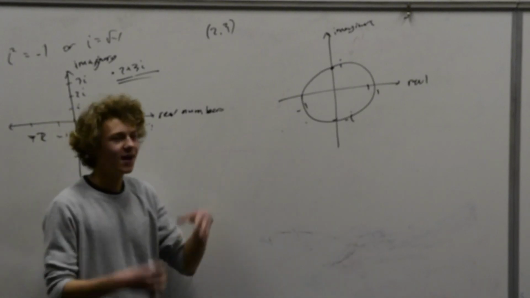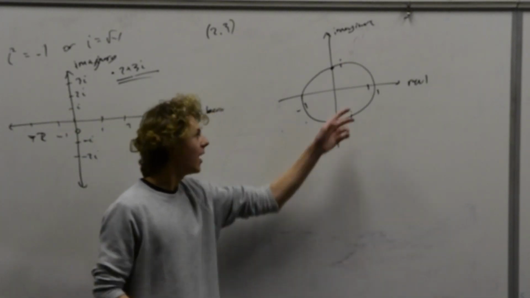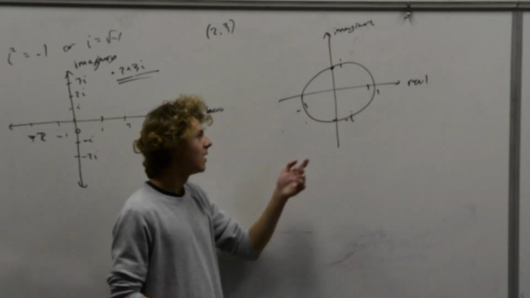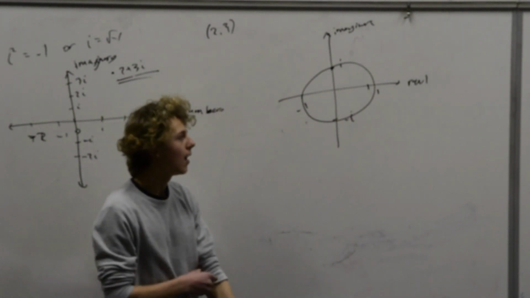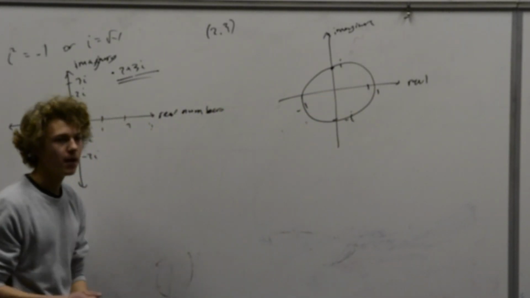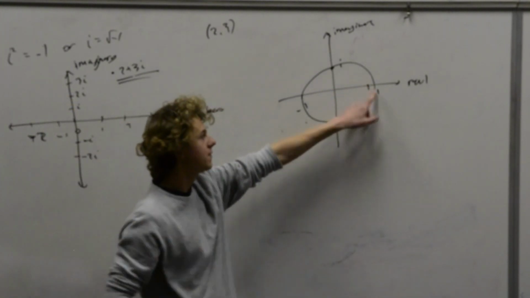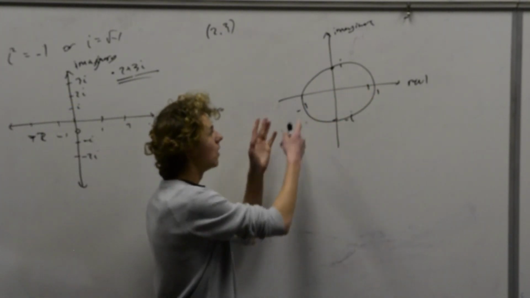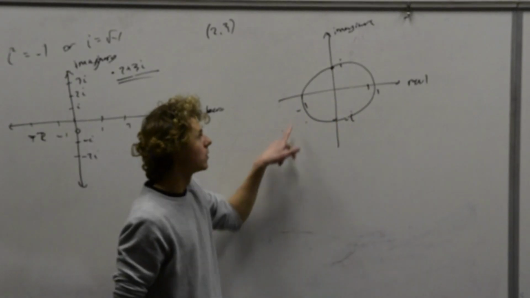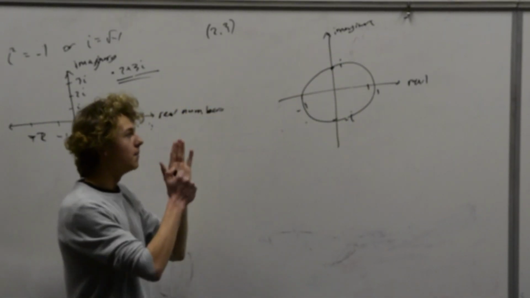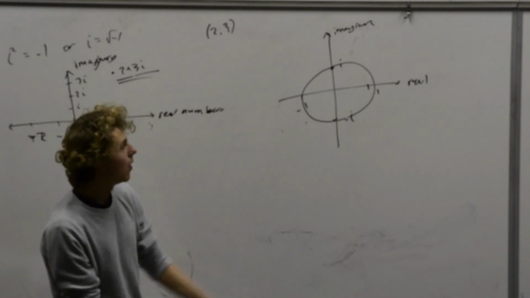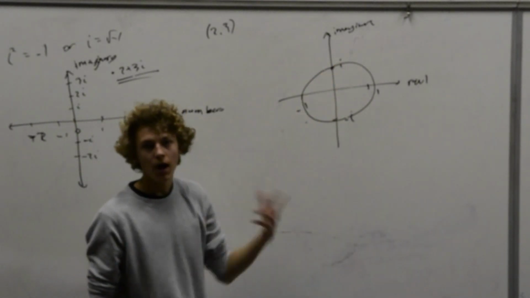This is not as intuitive at first, because how do we know it's a circle and not a square? I'll show that in a little bit. But all of these values that we can multiply a number by to rotate it a certain number of degrees, these four numbers, all lie on the unit circle.